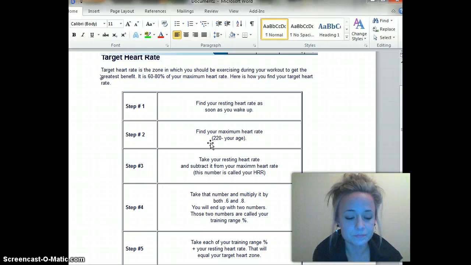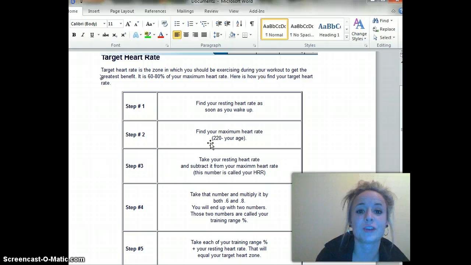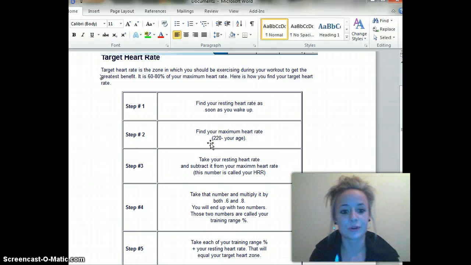So 207 is your max heart rate, and now you're going to find a number called your heart rate reserve. You take your maximum heart rate and subtract your resting heart rate. So if my resting heart rate was 60 and my maximum heart rate was 207, I'm going to take 207 and subtract 60.